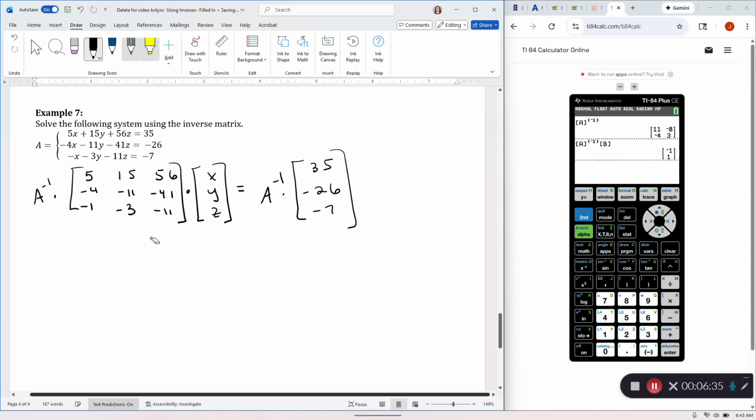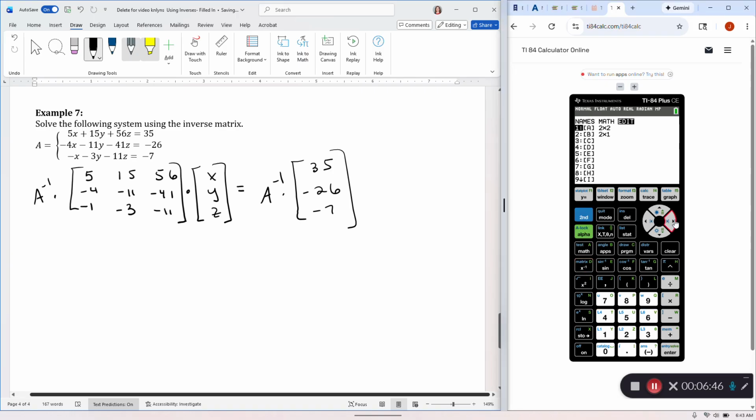Again, I'll use my calculator for that. Okay, all right, here's our calculator. Matrix, over to edit. I have a 3 by 3 this time. 5, 15, 56, negative 4.